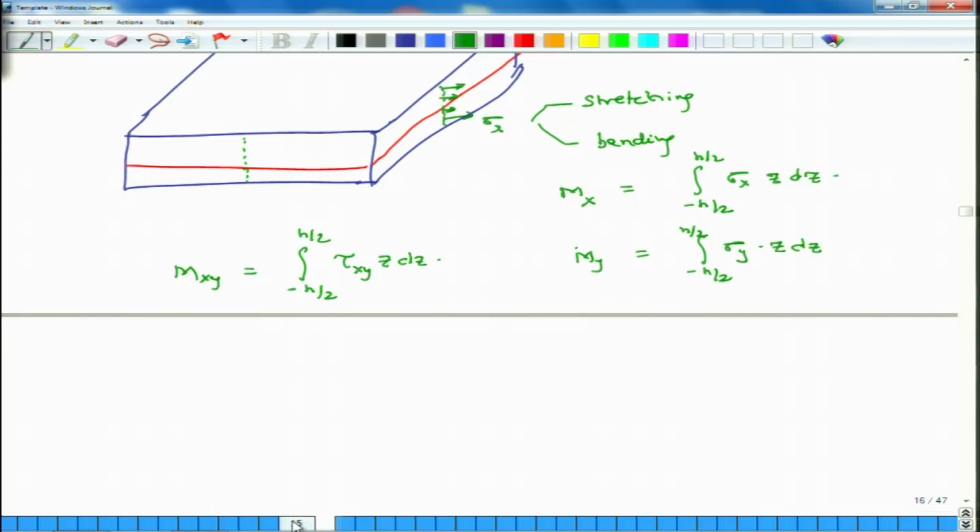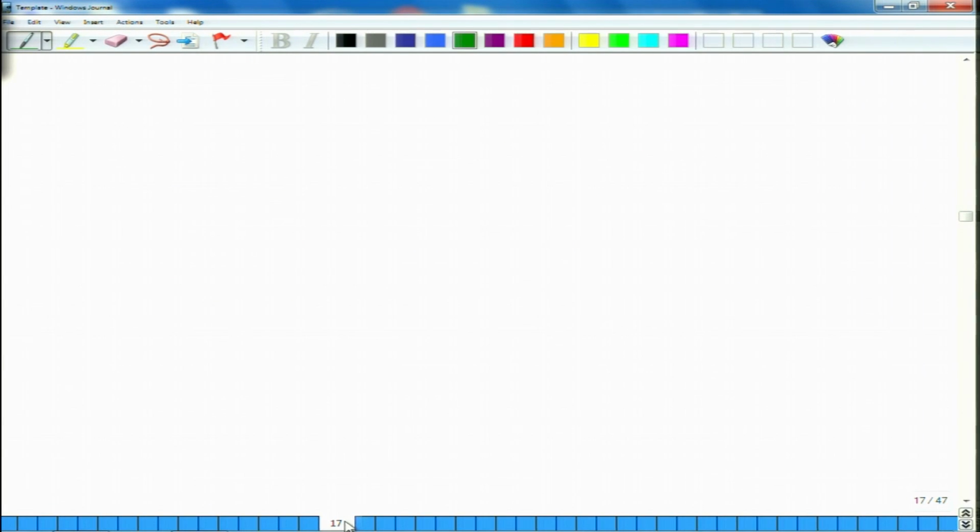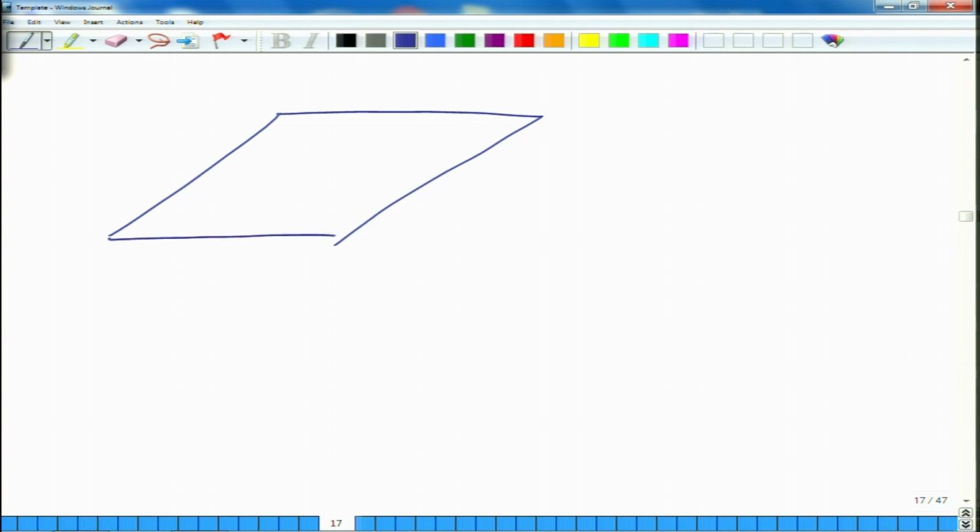Now, let us depict them on the midplane, because we always depict these resultants on the midplane. Suppose this is the midplane of the plate, this is my x axis, this is the y axis, and the axis going downwards into the screen is the z axis. Then what is Mx?